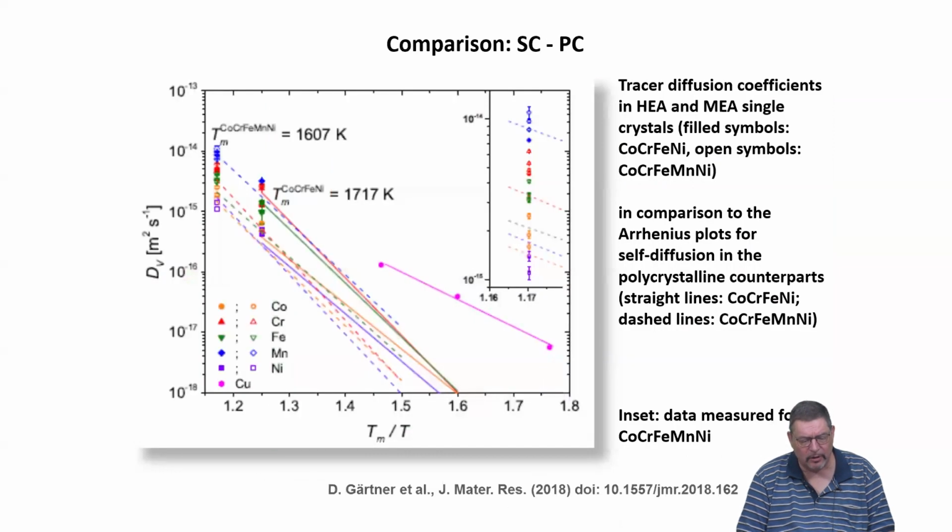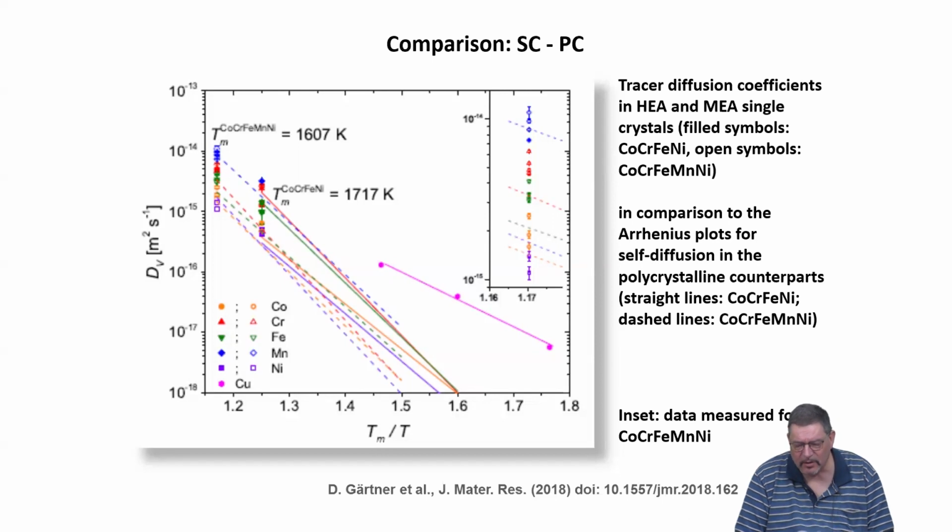And if we now look at this slightly complex plot, again, an Arrhenius representation on a homologous temperature scale, showing you the constituent self-diffusivities in polycrystalline and in single crystalline samples, again for the 4-component medium Cantor and for the 5-component high entropy Cantor.